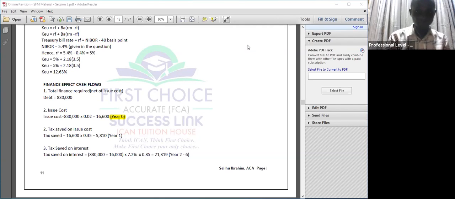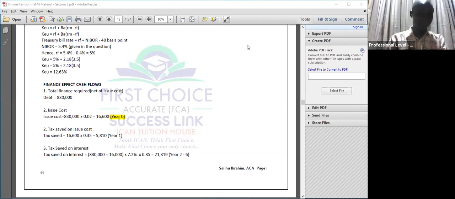If the 16 is not added, will the examiner mark the answer wrong? Not really. Examiner will not mark it wrong because you see, APV has some shortcomings. In fact, if you look at some textbook, you will see that the issue cost will not be added. And in some textbook, the issue cost will be added. Do you understand? So whichever approach you have taken, you should be good to go. But I prefer, because practically speaking, issue cost is part of what you are borrowing.